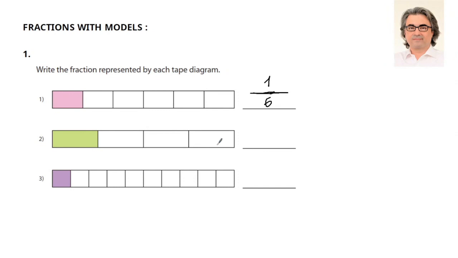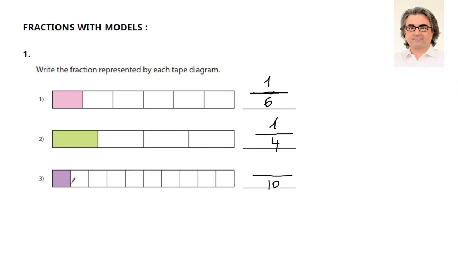What about the second one? Number of all pieces is 4. Number of shaded region is 1, so it's 1 over 4. Number of all pieces of the whole, 1, 2, 3, 4, 5, 6, 7, 8, 9, 10. 10.